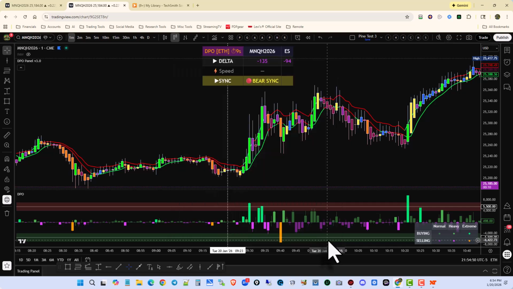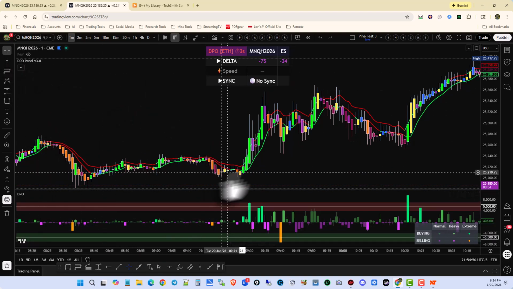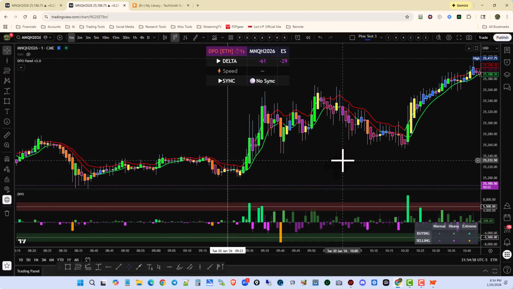Whatever the colors are, they should be different than the DPO candle and the DPO panel candle. Do a search under DPO Panel version 3.0 for the top table, and the bottom side is going to be the DPO Delta Pulse Oscillator 2.5, and you'll be able to get that when you see it in your charts.